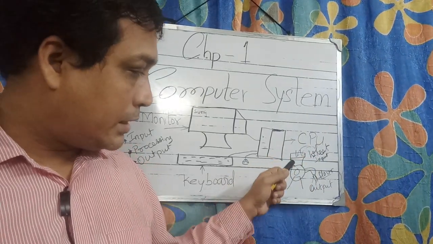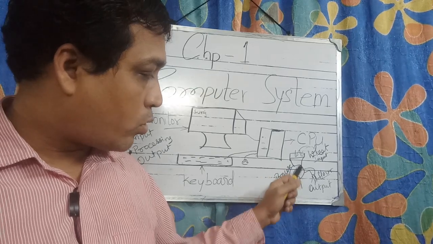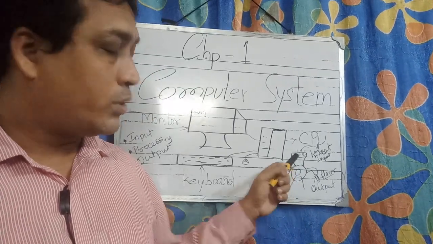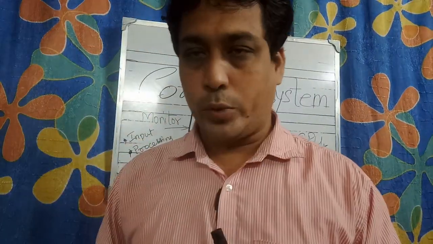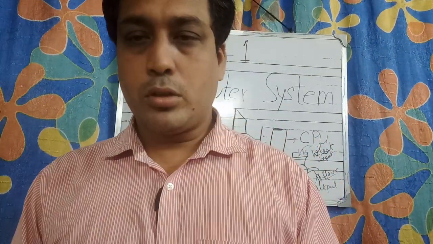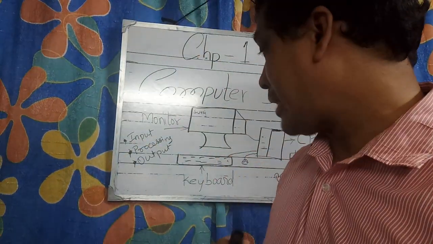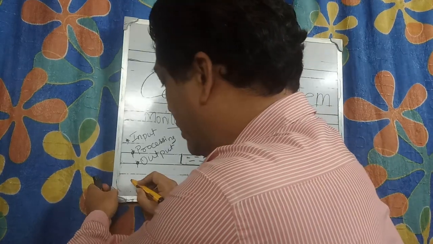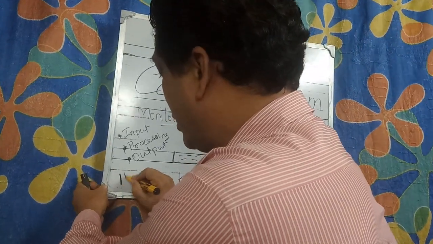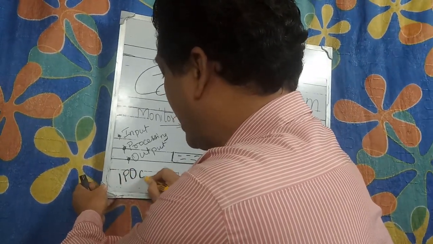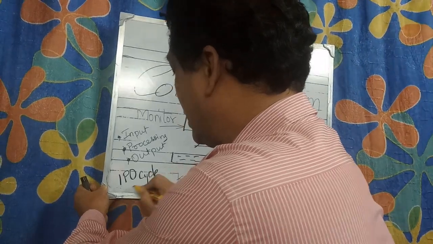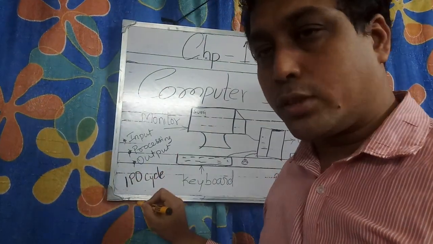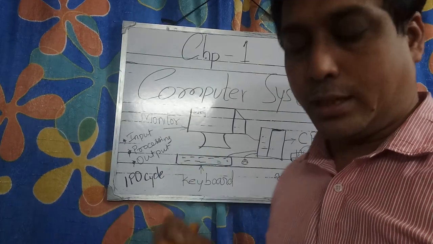The process takes place with grinding the raw wheat. So computer works in this cycle, which is known as the IPO cycle: input, processing, output cycle.